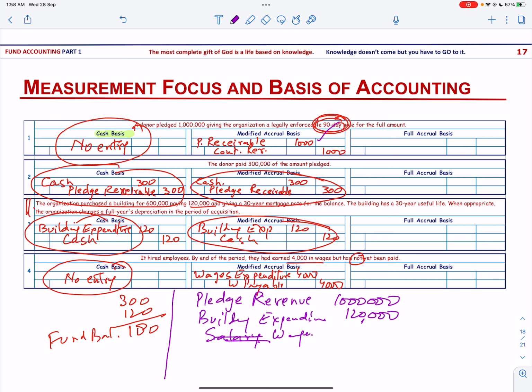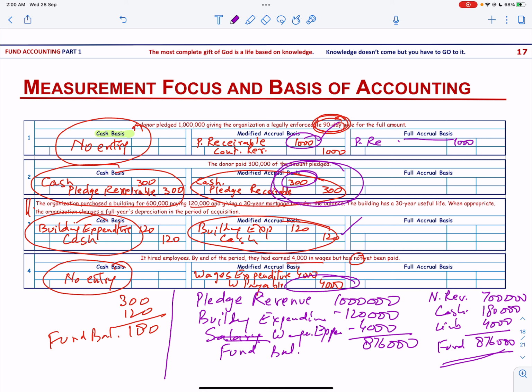Under full accrual basis, pledge receivable will be debited by 1 million, and contribution revenue is credited by 1 million.